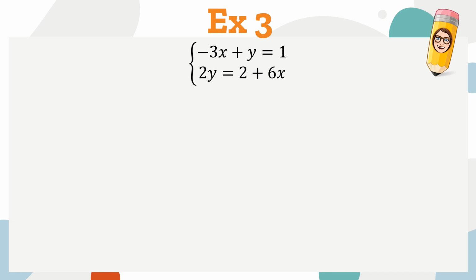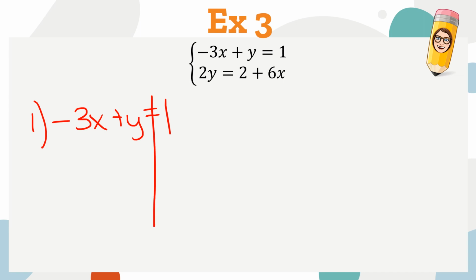Example 3. Step 1, isolate a variable. I'm going to use the first equation and I'm going to isolate y because it's practically by itself. We're just going to add that 3x over quick and we get 1 plus 3x. Don't forget the box.